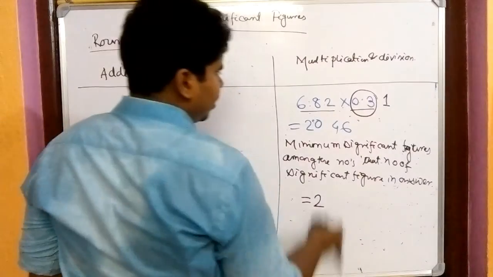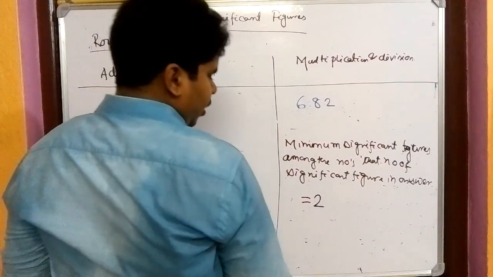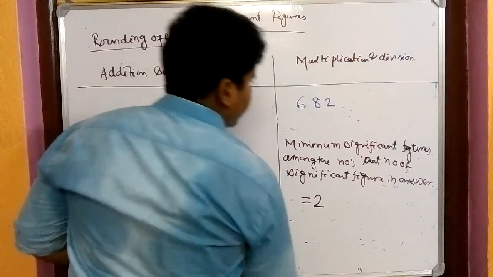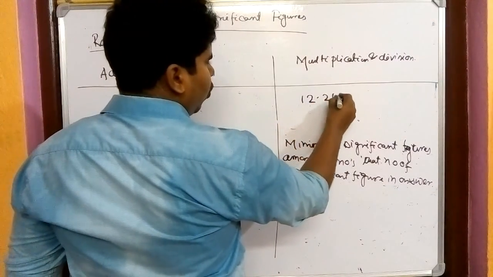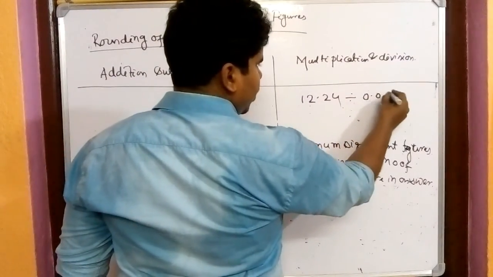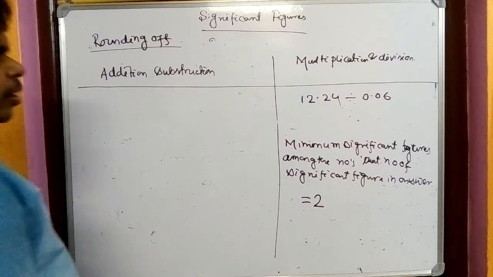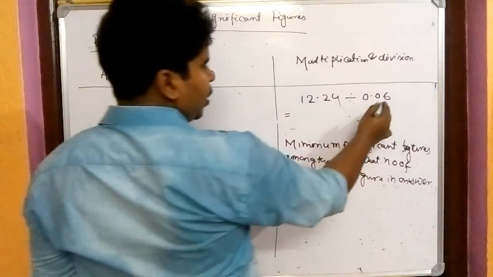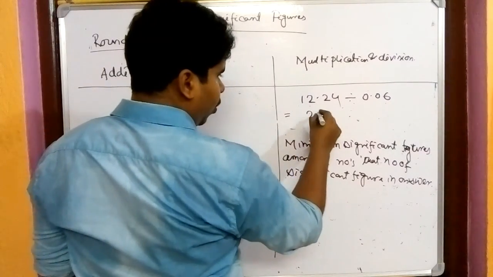Let's see another example. Assume we have to go for one division. Take another number, 12.24 divided by 0.06. Let's start the division. 6 2s are 12, and then the point is there.